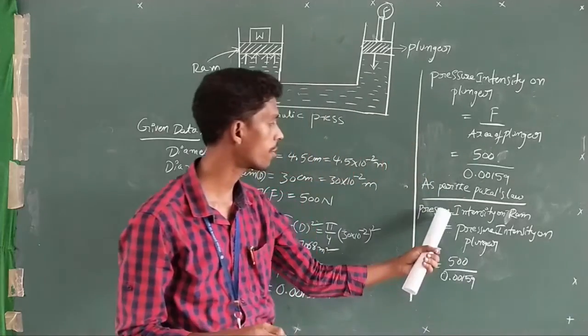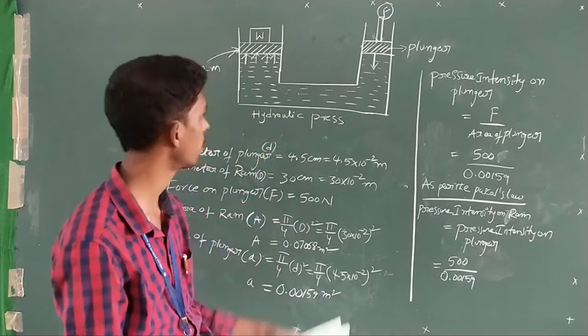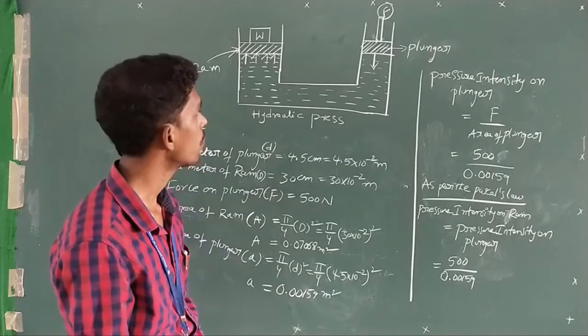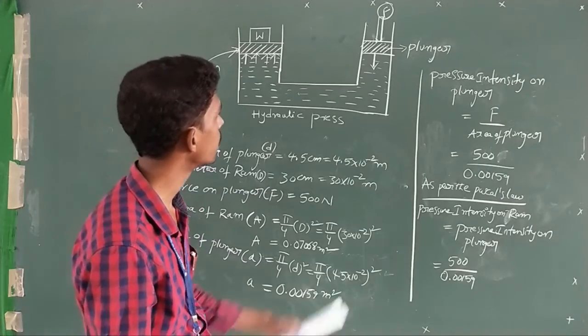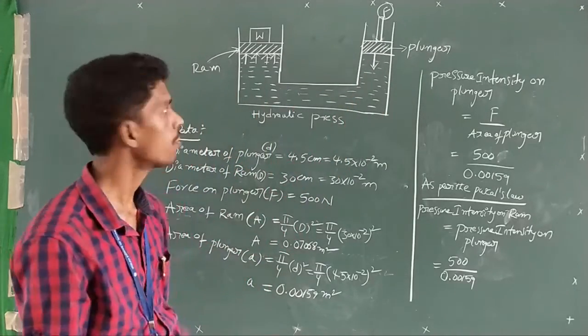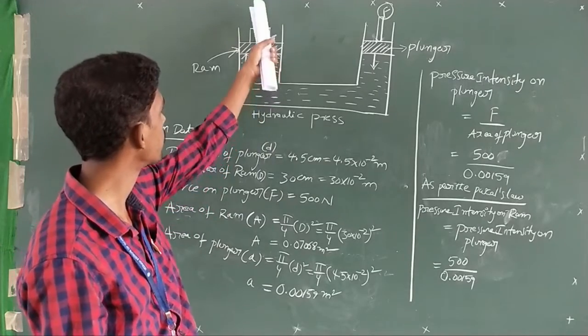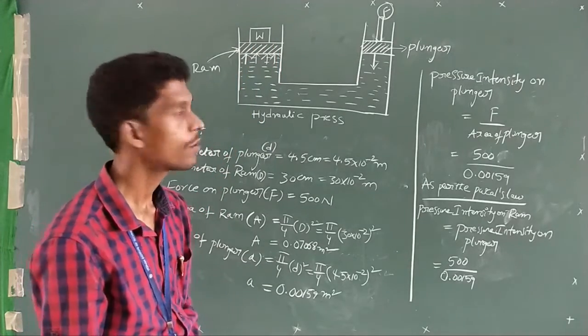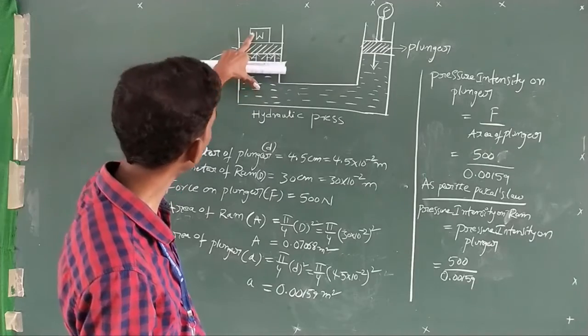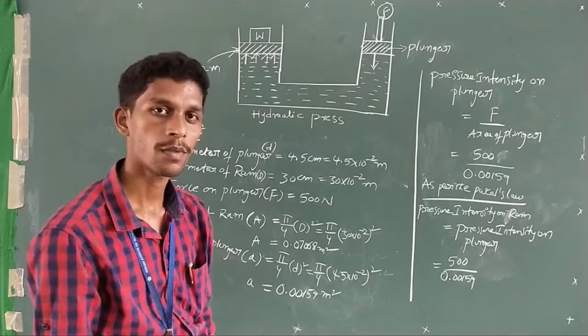Now see this end carefully. A weight W is on that ram, so we have to find the effect of the weight also.